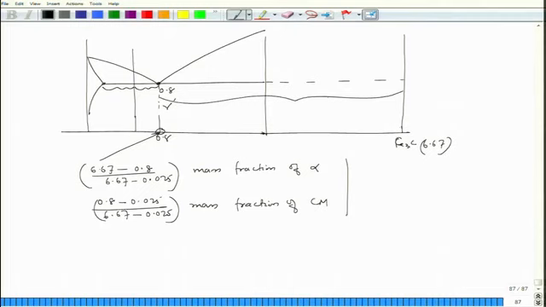This gamma would have the composition 0.8. Now, cementite is far off on the right side. Here is the Fe3C, 6.67%.